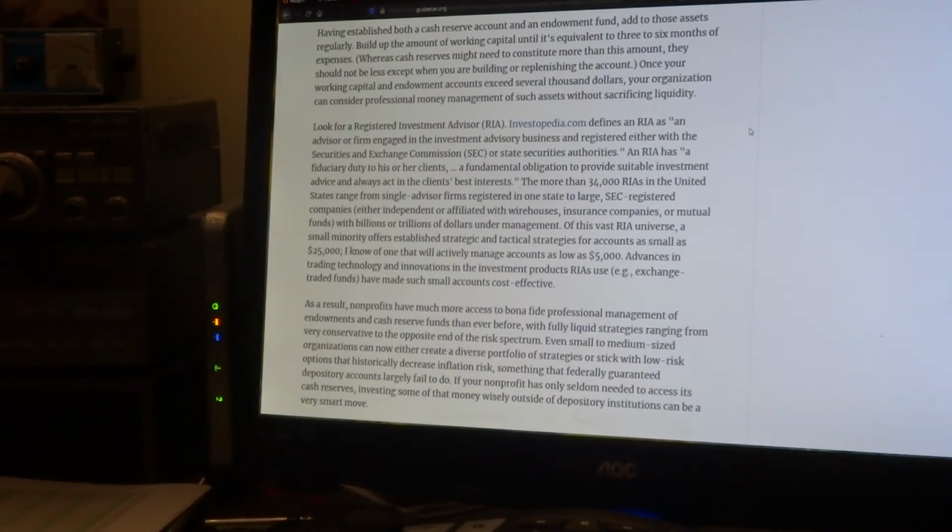So this is something you'll have to consider as you get into creating an endowment, who you're going to get to manage it. And the registered company is either independent or affiliated with wirehouses, insurance companies, mutual funds. Of this vast RIA universe, a small minority offers established strategic and tactical strategies for accounts as small as $25,000.